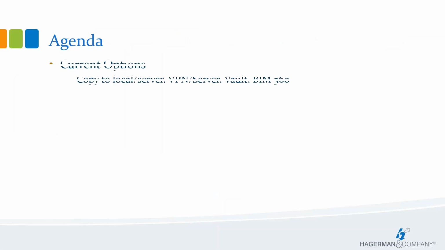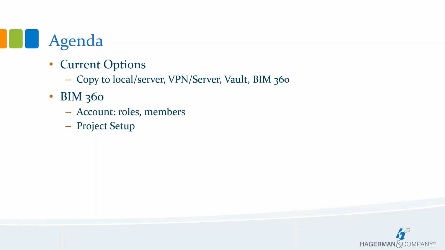First, we're going to do a short review of all of the current options available at the moment. Hopefully, some of these are familiar to you on some level. After that, I'll give you an overview of the steps to follow when setting up a BIM 360 project for Plant 3D.